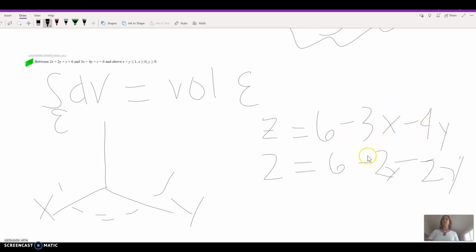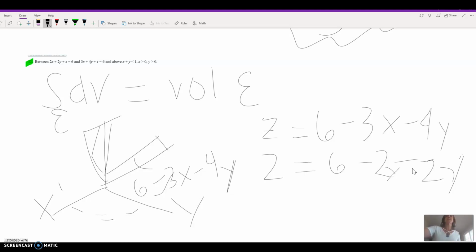So this one is going to be below. This one has bigger outputs of z. So below is going to be some plane here, that would be the 6 minus 3x minus 4y, because those have lower outputs. And then above, also starting from 6, is going to be some plane over here, that would be 6 minus 2x minus 2y. And what I am trying to find is the volume in between these two things.